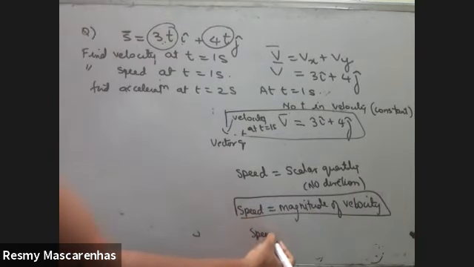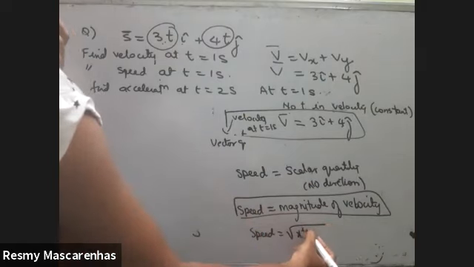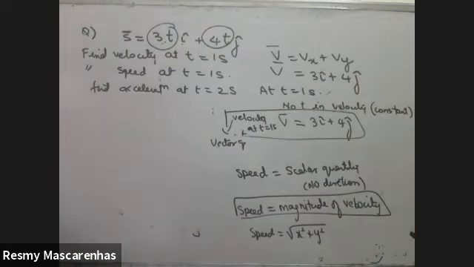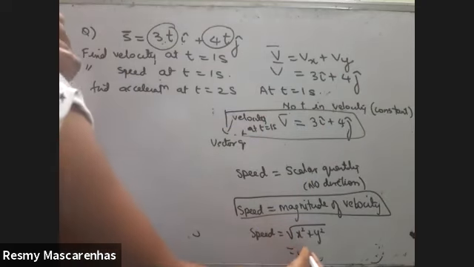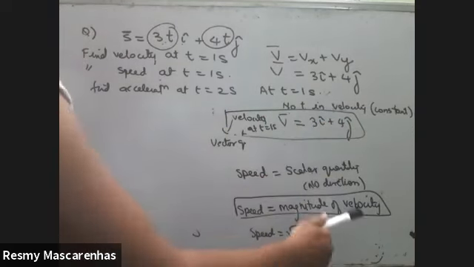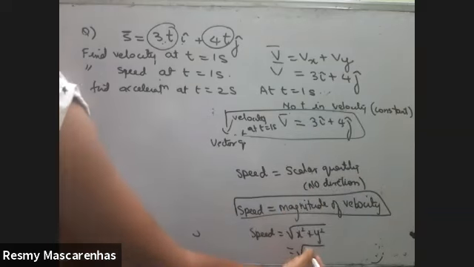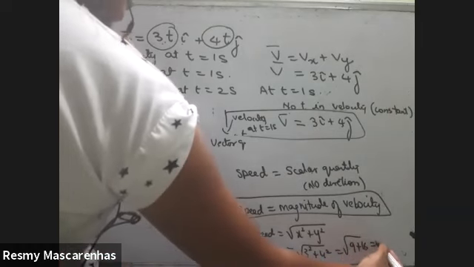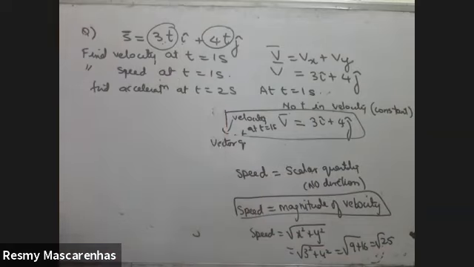So how to find the magnitude? There will be no z term here because there is no k term. So speed is root of x square plus y square, meaning the x component and the y component. So this will be 3 square. No putting i and j. You have to remove i and j because I don't want direction. I want only the magnitude. So 3 square plus 4 square, so 9 plus 16, root of 25, and root of 25 is nothing but 5.